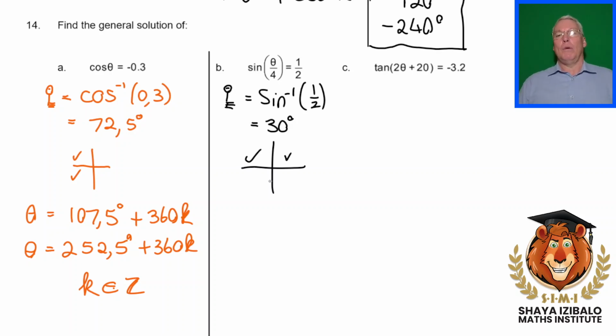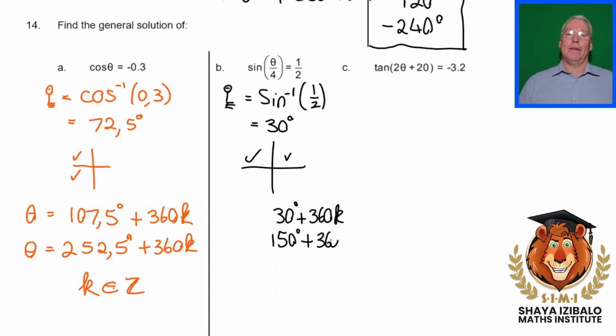We get into quadrant 1 by going 0 plus our key, so 30 degrees plus 360k. And we get into quadrant 2 by going 180 minus our key, 150 degrees, plus 360k.